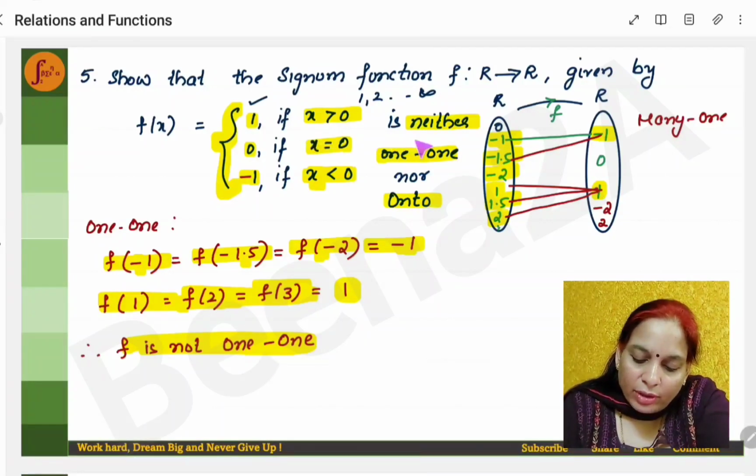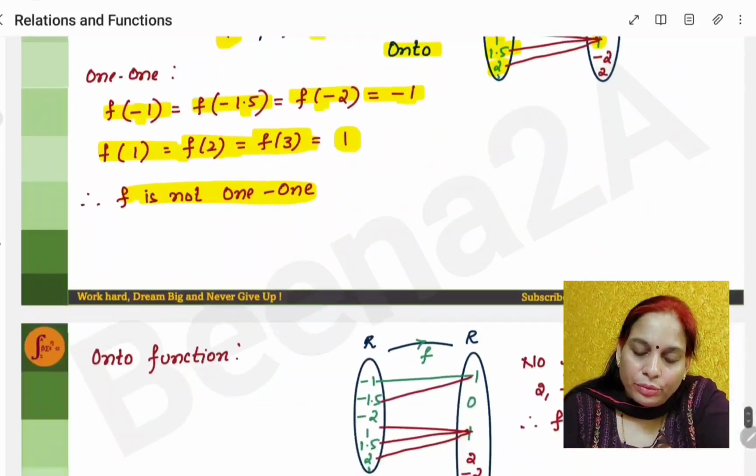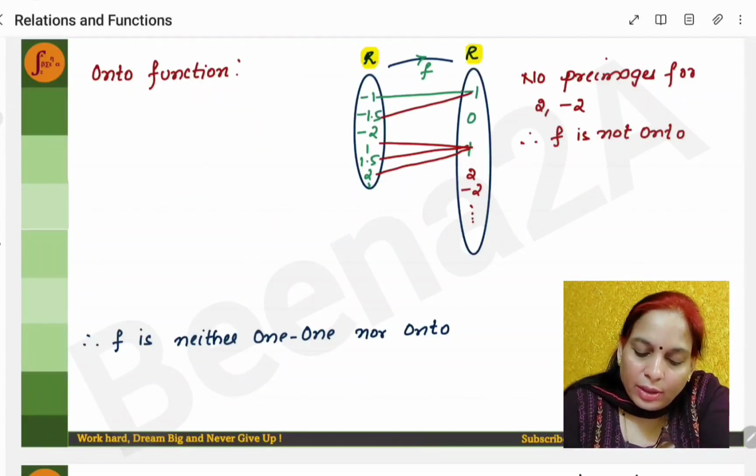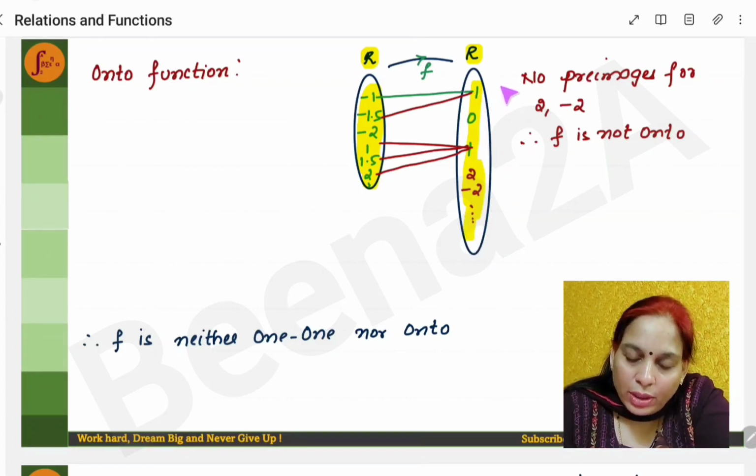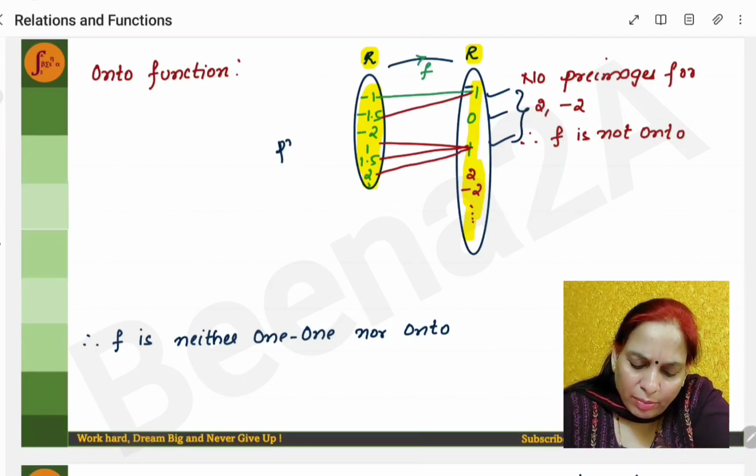Now we'll check if it is onto. We know that this is a set of real numbers. So real numbers will have all elements, positive, negative, decimal numbers, everything. Now if you see, only 3 elements, minus 1, 0, 1, only these 3 elements have pre-images.